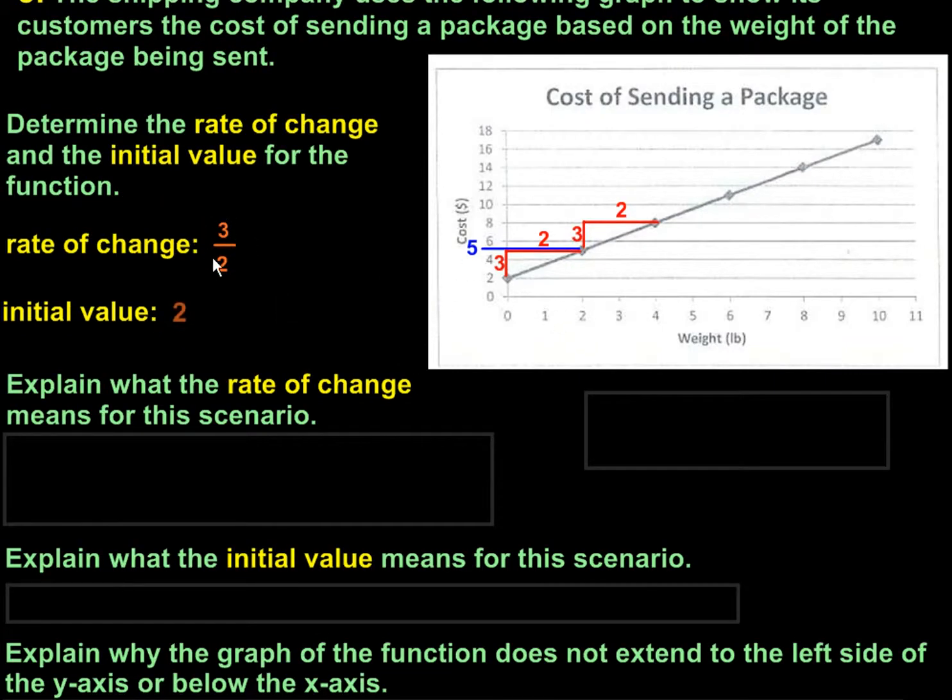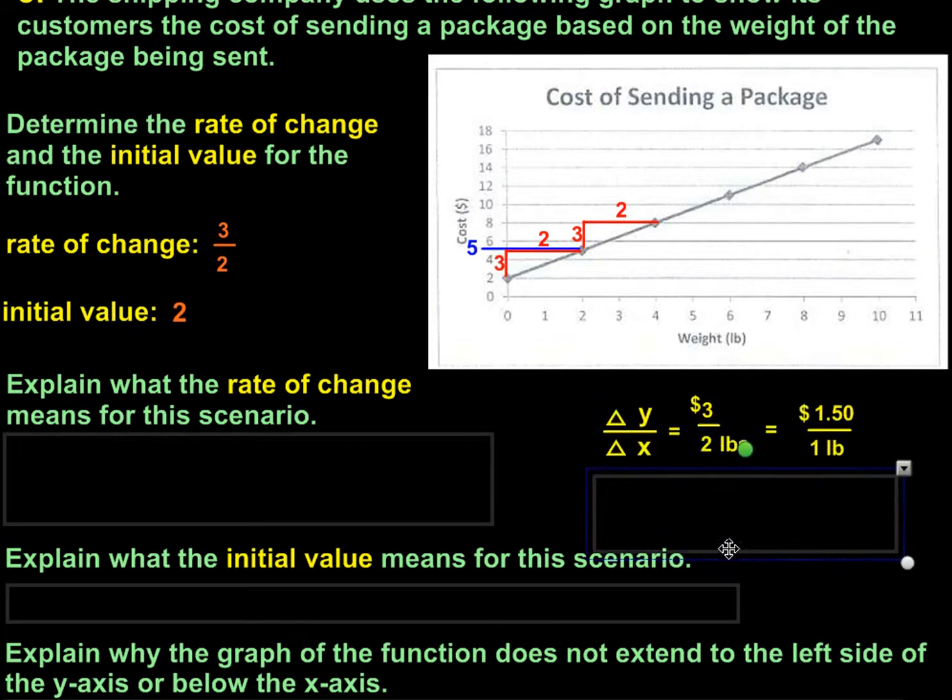If we take a look at this as a rate of change, you can see that if we look at the change in y and the change in x, we have $3 over 2 pounds. And that can actually be reduced to $1.50 for 1 pound. Now we can work with this as 3 over 2, or we can work with this as 1.50 over 1.